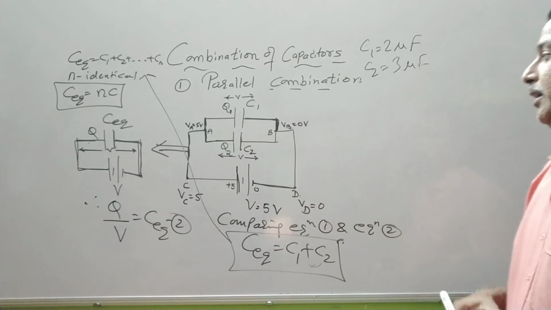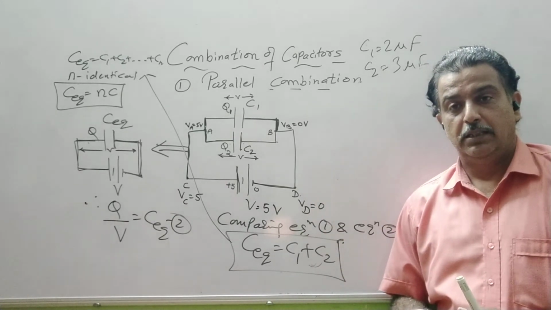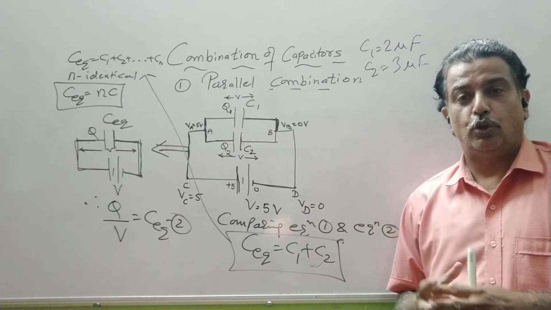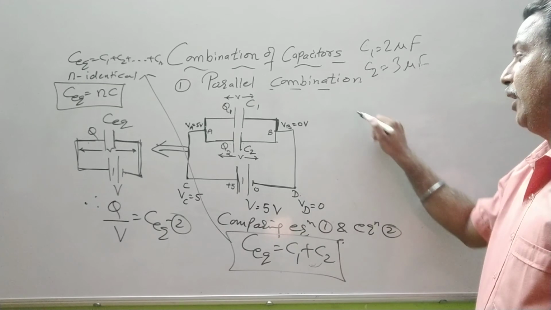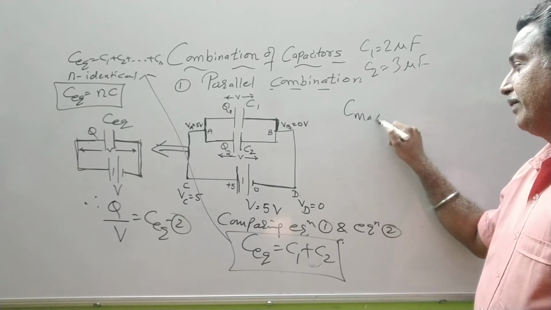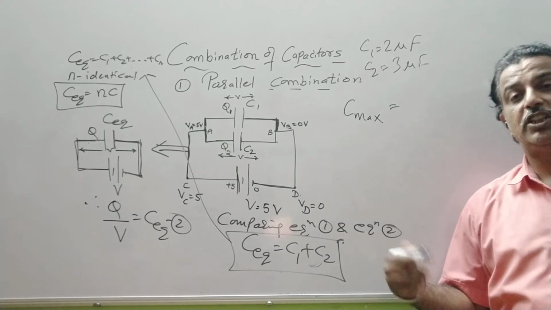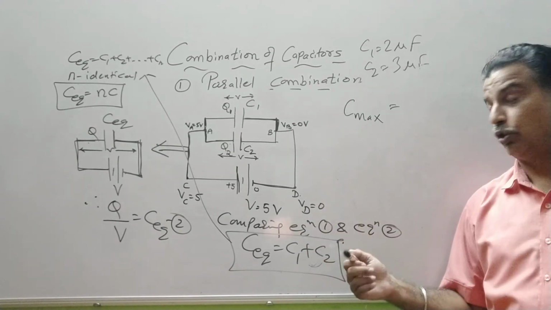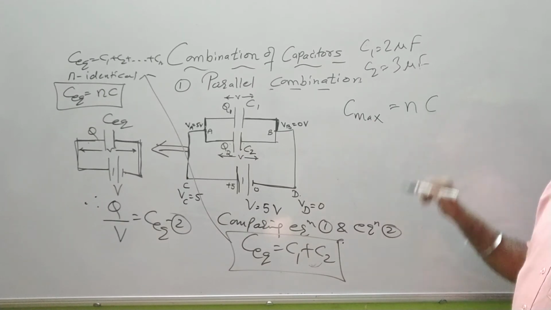Sometimes it may be asked that there are two capacitors, find the ratio of its maximum and minimum value. So we have C max when the capacitors are connected in parallel. So if there are n capacitors, nC.